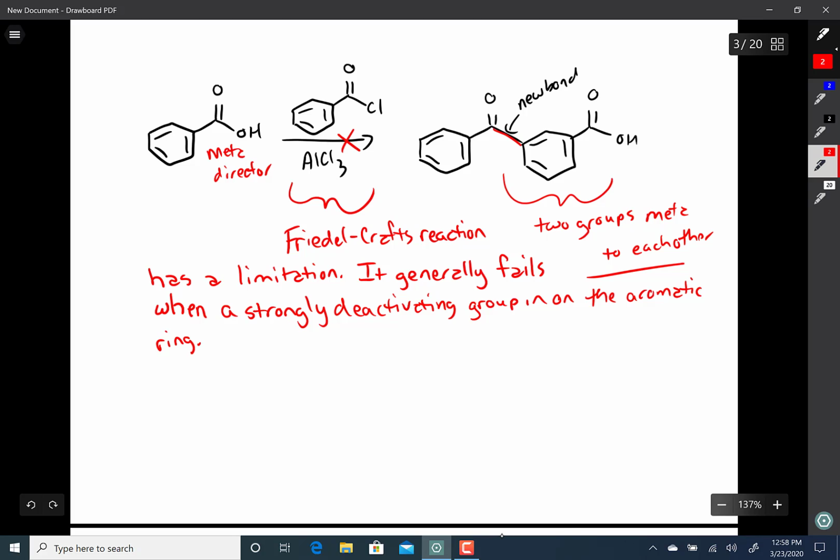In this class, what we're going to define as a cutoff point for a strongly deactivating group: these are the meta directors.